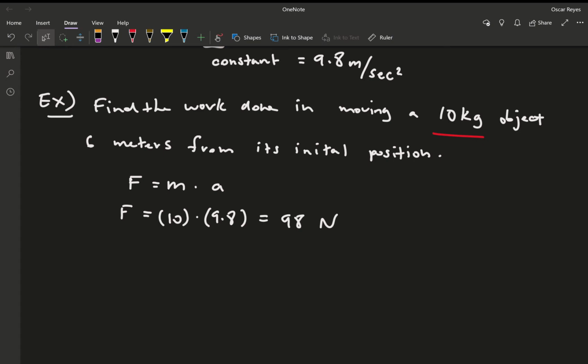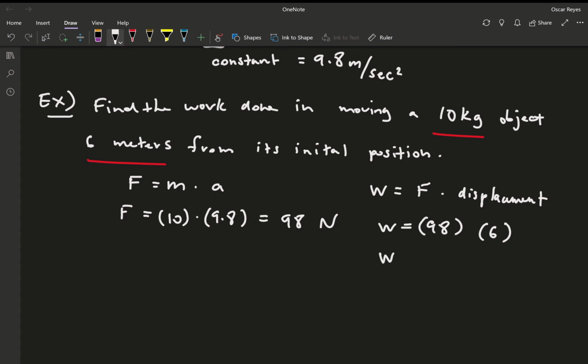Okay, now that we have our force, the question is asking us to find the work done. So we know that the formula for work equals force times displacement. And displacement is just how much an object moved from its original position, which in this case was 6 meters. So our force was 98, which equals the work.